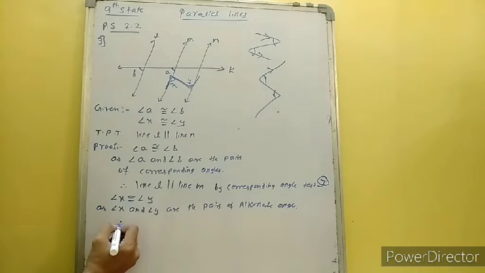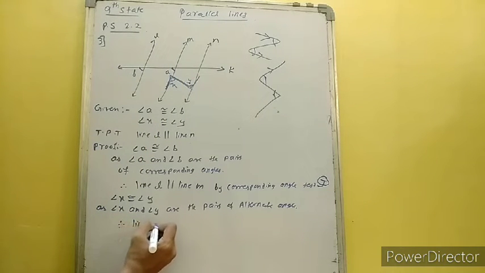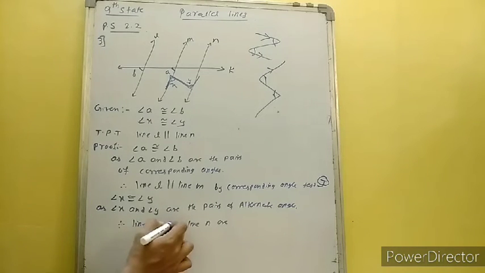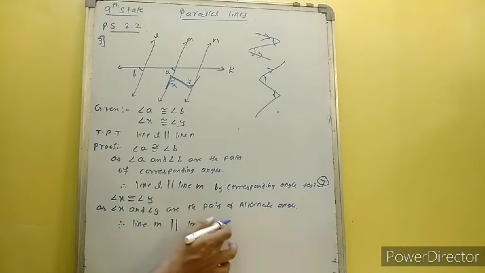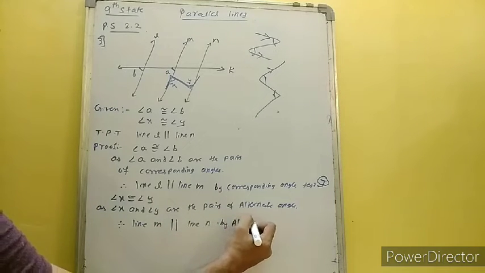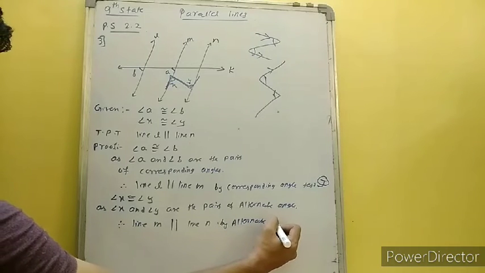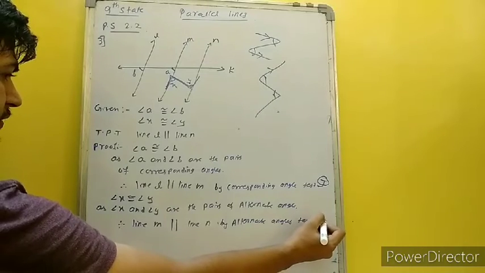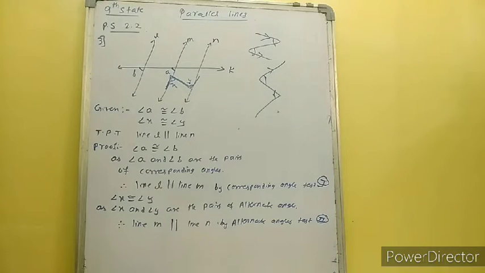Therefore line m is parallel to line n by alternate angles test.